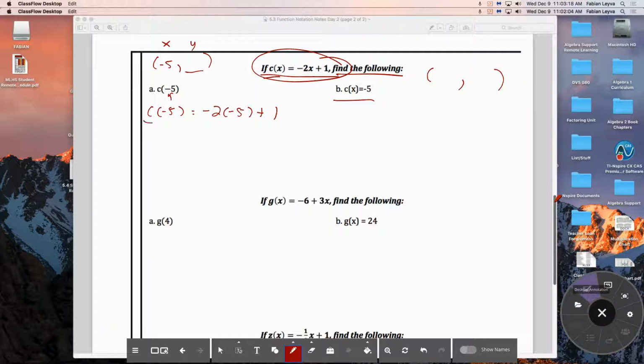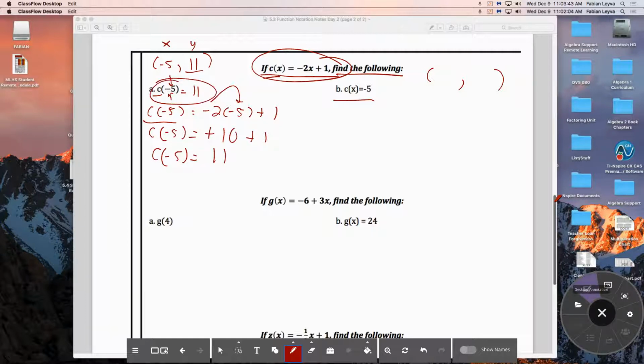C of negative 5 is what I'm looking for, so I'm going to use my PEMDAS on the right. Negative 2 times negative 5 is a positive 10. And then you have your plus 1, which equals 11. So C of negative 5 equals 11. When you have a C function and you input a negative 5, you'll get an 11 out. That is what you found.